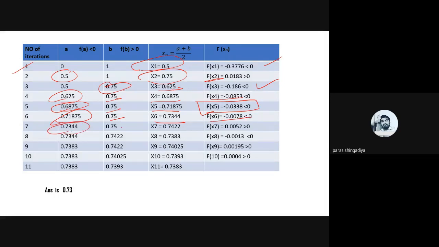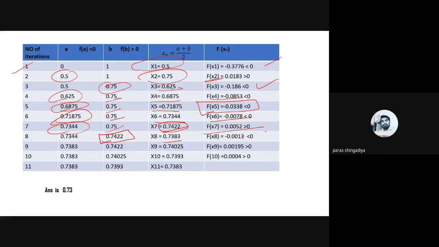Here change the values, 0.75 still as it is here, 0.7422 the average, and f of x7 is positive now, so 0.7422 will be replaced here. Okay, and now here the value as it is, so x8 is 0.7383, and here we get a negative output of this function.